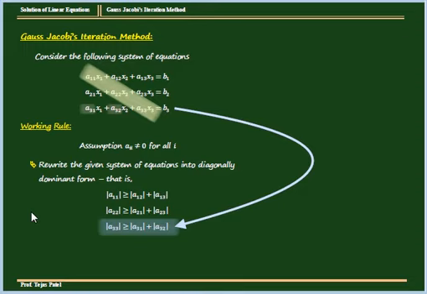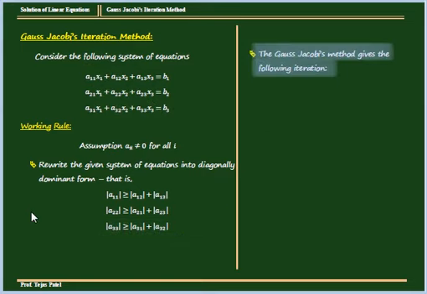This is how we check the diagonally dominant form. Now if the system is not diagonally dominant, then we have to rearrange the system, and for that we will interchange the equations. After this we define the iteration.